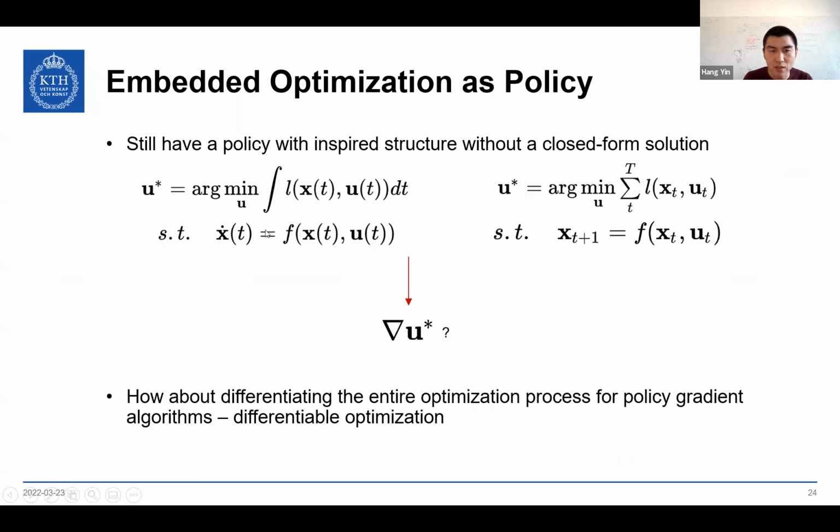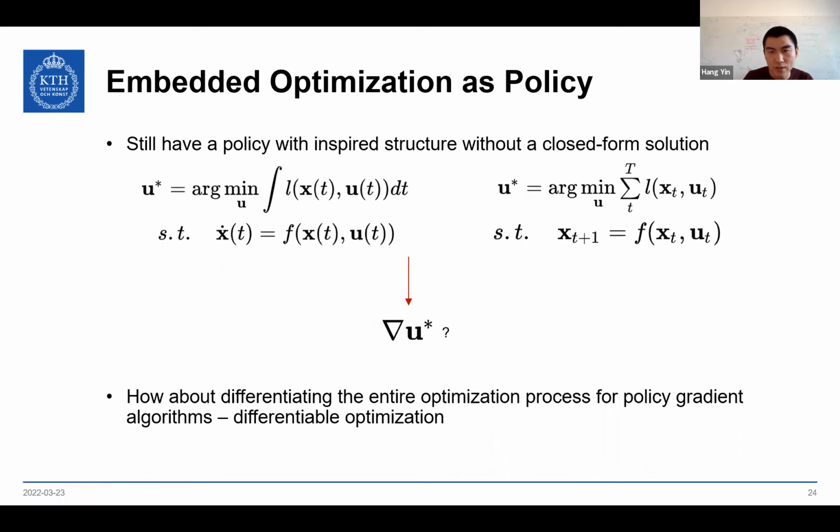That means your policy inference is solving some optimization problem, and you can take the gradient throughout this entire optimization process. So you can embed this entire optimization as your policy.